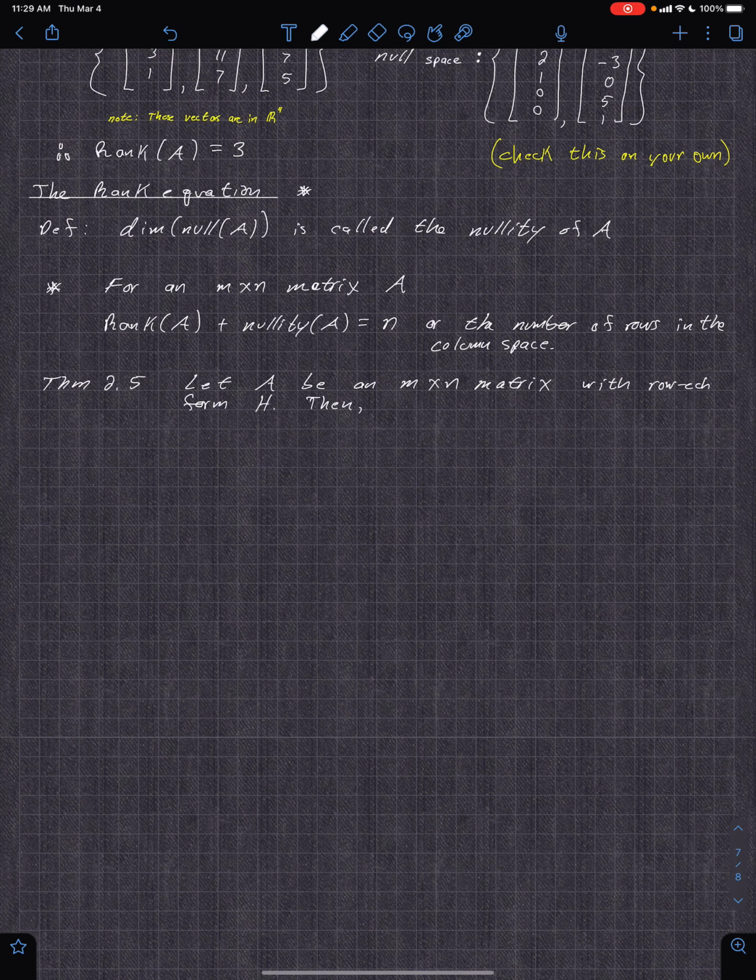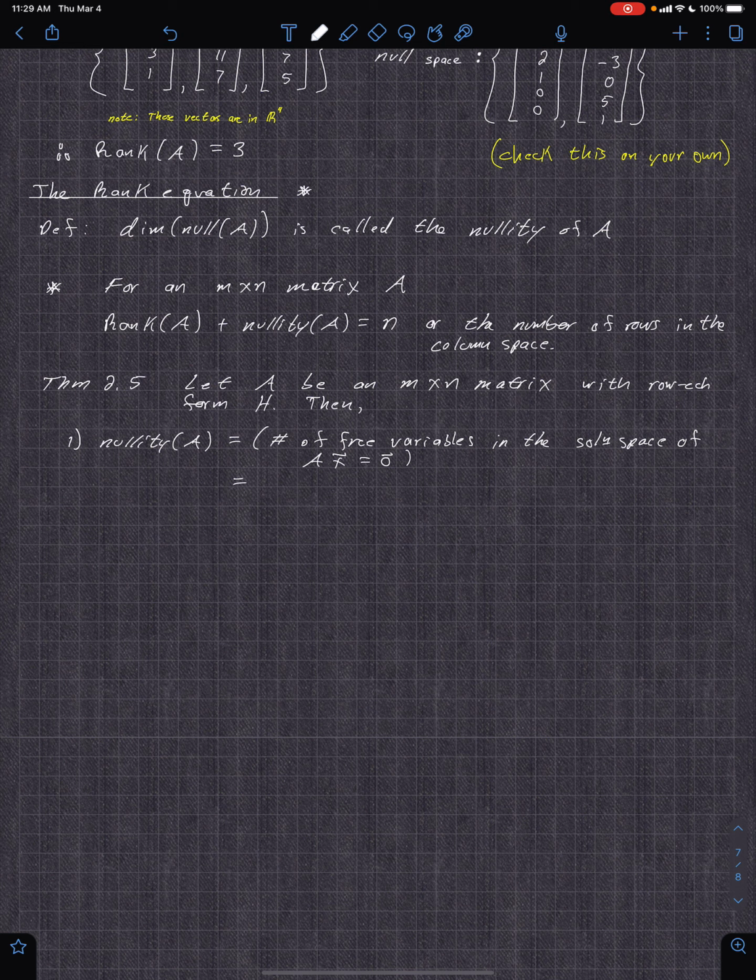Then 1, the nullity of A is equal to the number of free variables in the solution space of AX equal to 0, the homogeneous system.